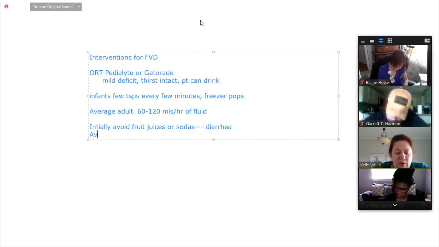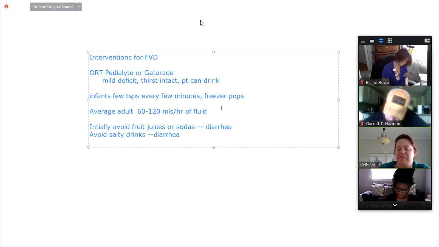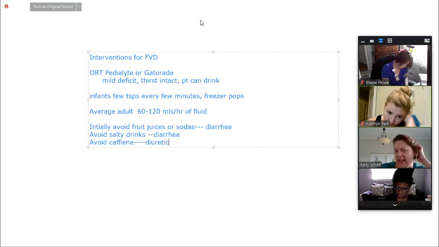We also want to avoid salty drinks, because that is also going to lead to diarrhea. We're also going to avoid caffeine. Why are we going to avoid caffeine? It's a diuretic, so it's going to make us lose urine.